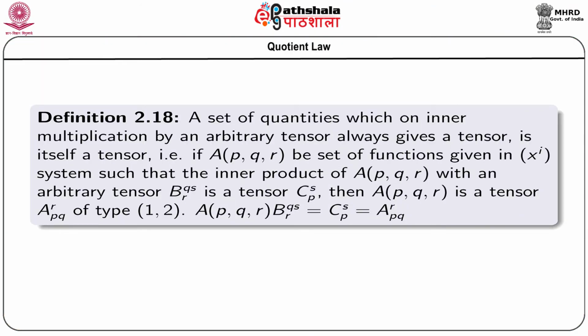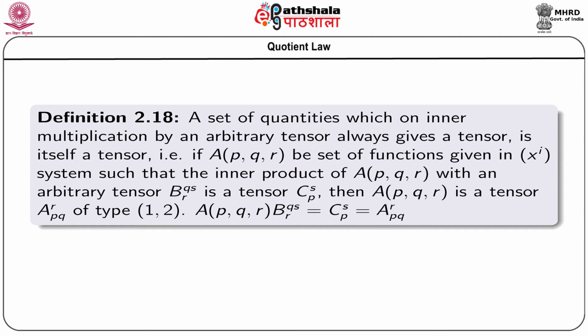Now, let us define the quotient law in the following way: a set of quantities which on inner multiplication by an arbitrary tensor always gives a tensor is itself a tensor.